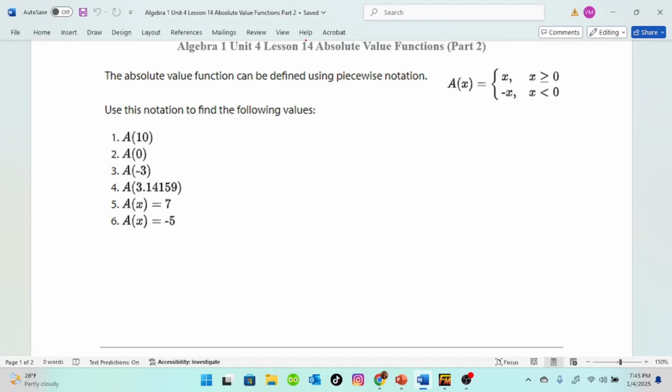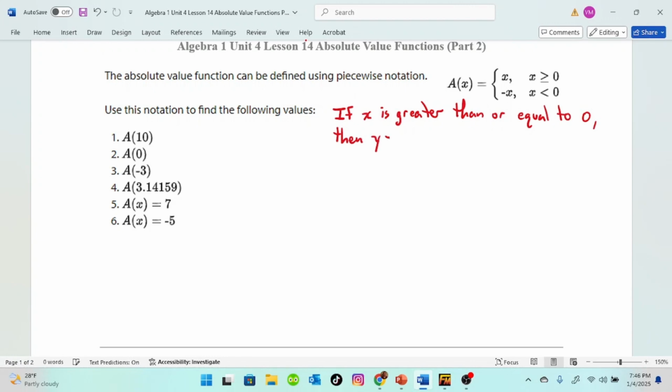So this top rule says if x is greater than or equal to 0, then y equals x.